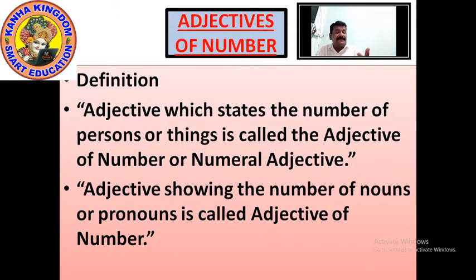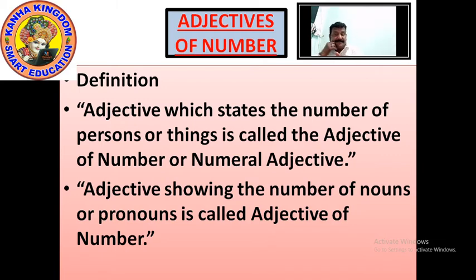Adjective which states the number of persons or things. Number of persons means 2 boys, 5 children, hundreds of men, 50 boys, 50 girls. We talk about persons. Things: we'll talk about things.